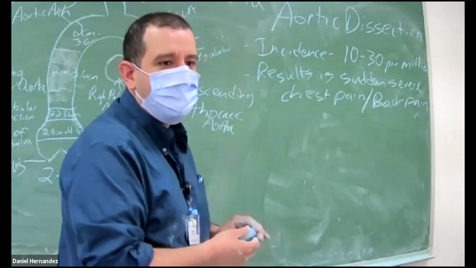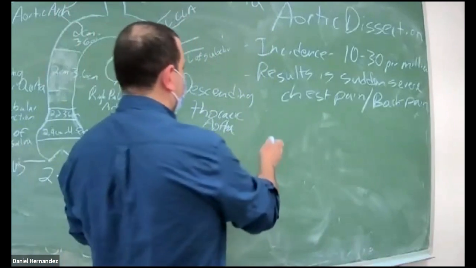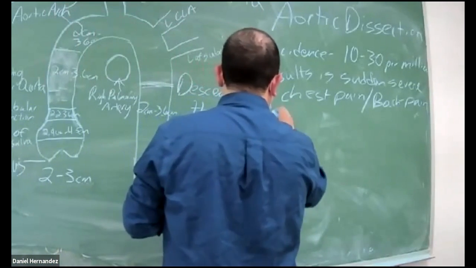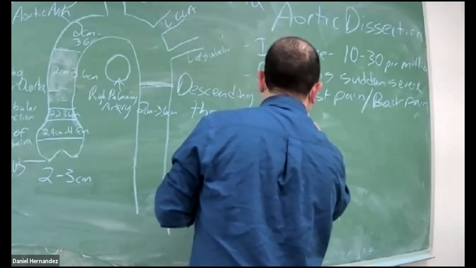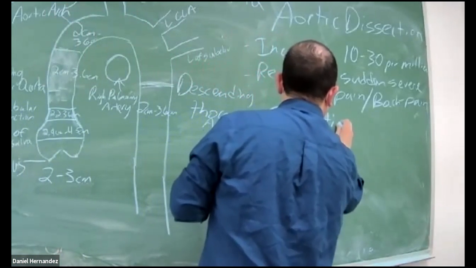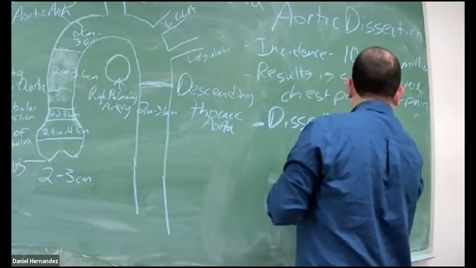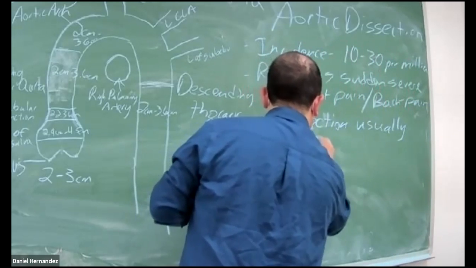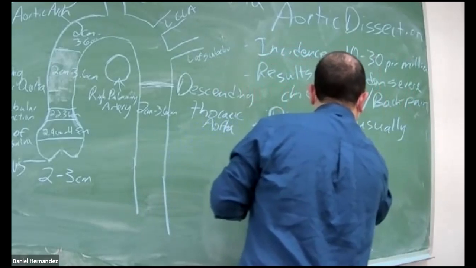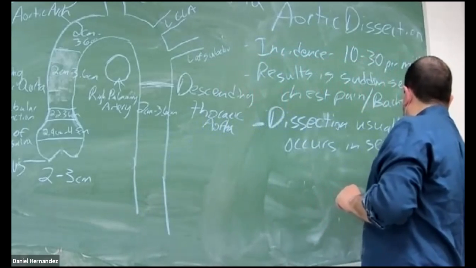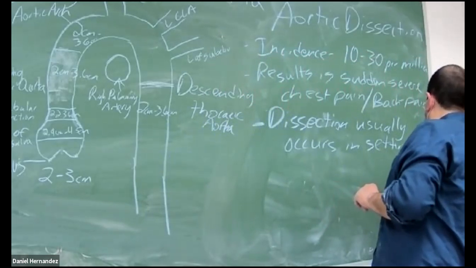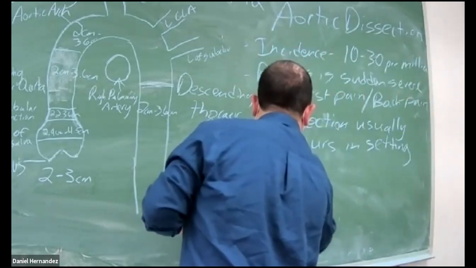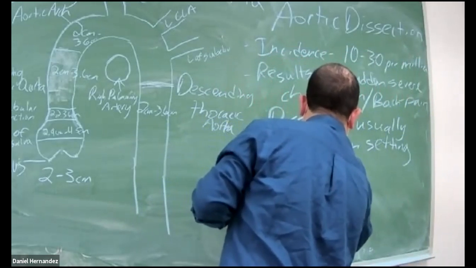So dissection usually occurs in the setting of aortic dilatation.